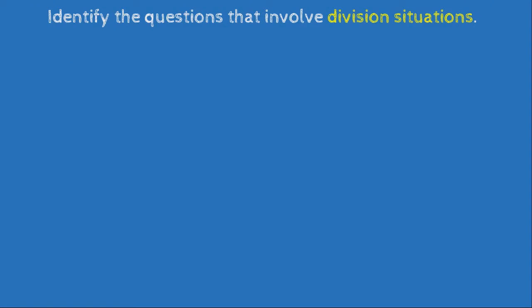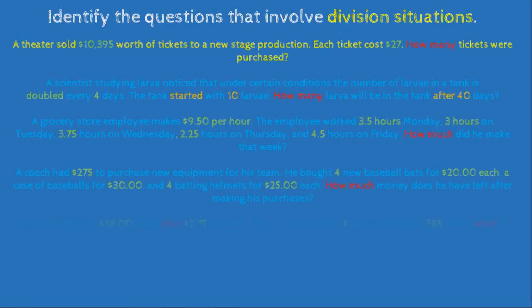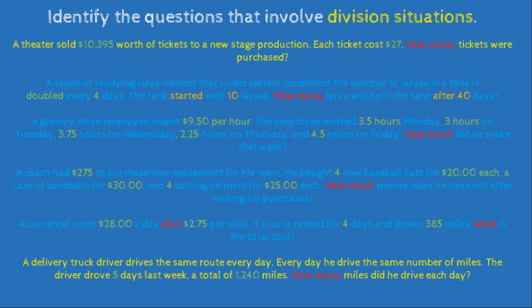Next, we identify the questions that involve division situations. For this one, we have to carefully analyze the phrases and the vocabulary to figure out if it's a division situation. So we look on to the first example.